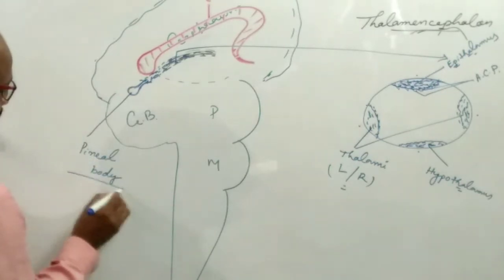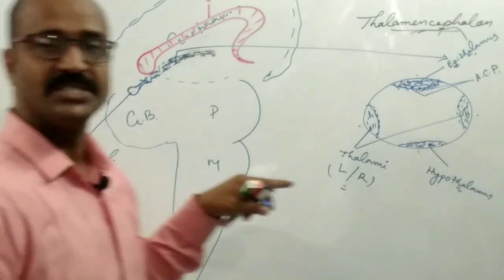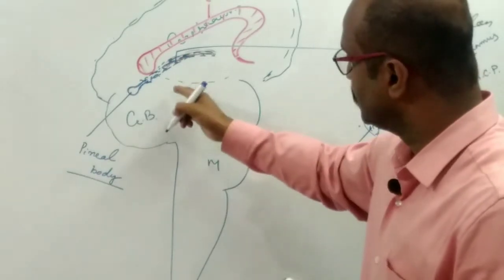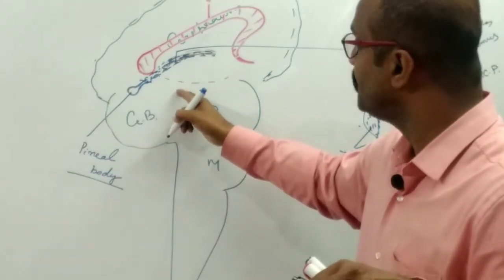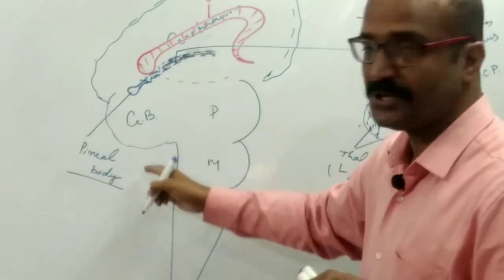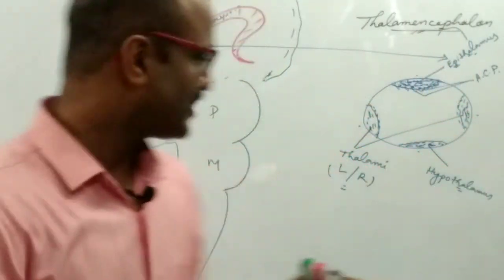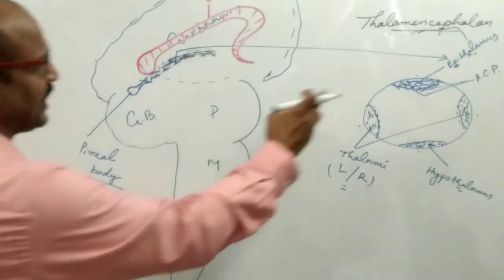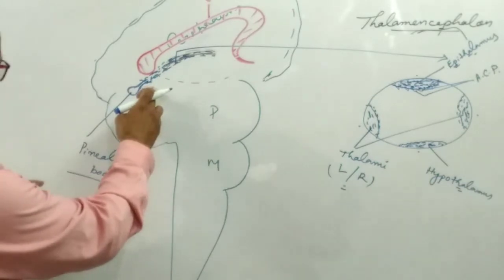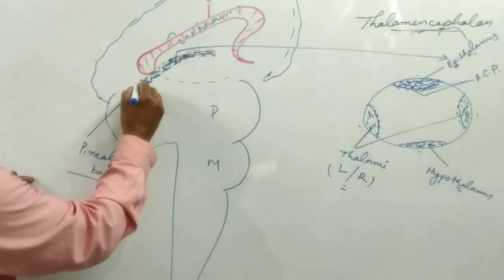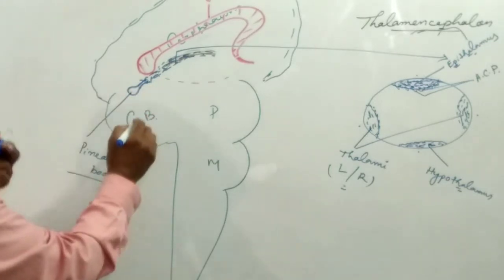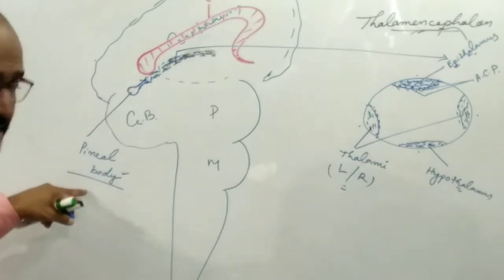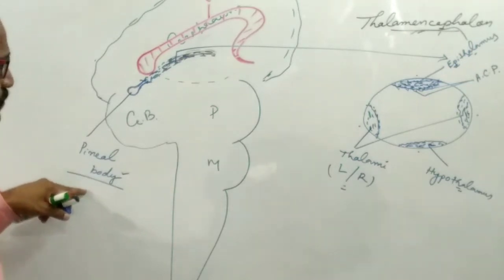Such pineal gland secretes the melatonin hormone, which regulates the day and night biological activity of our body, and somehow the pineal body also regulates the sexual or reproductive behavior of the organism.